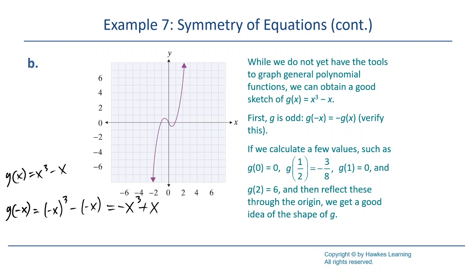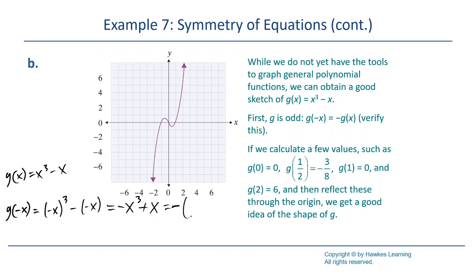And so this is what I mean by if you factor out a negative, which was what I did beforehand. If I factor out a negative, I just change all the signs.